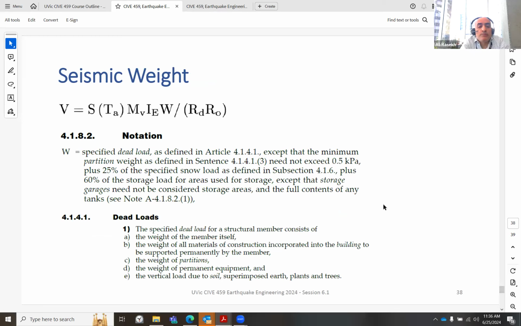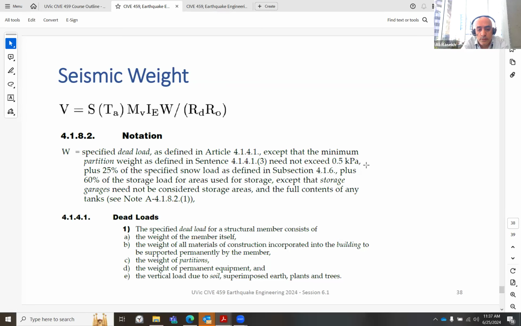Weight. Yeah, so weight appears to be, or we think that it's trivial, just add every weight in the building, W. But the code has some description. A specified dead load. So the dead load is the most important part of it. Normally we say maybe only dead load for a lot of calculations. So what you previously learned to be dead load in the building code, except that the minimum partition weight need not exceed 0.5 kilopascal.